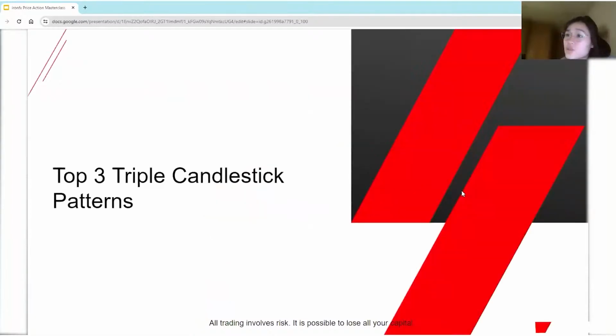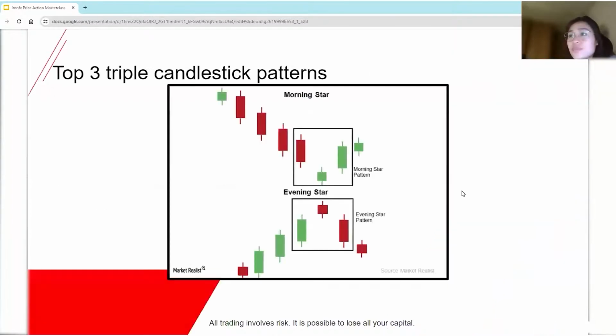Okay. Next we're looking at our top three triple candlestick patterns. Here we have our morning star and evening star.